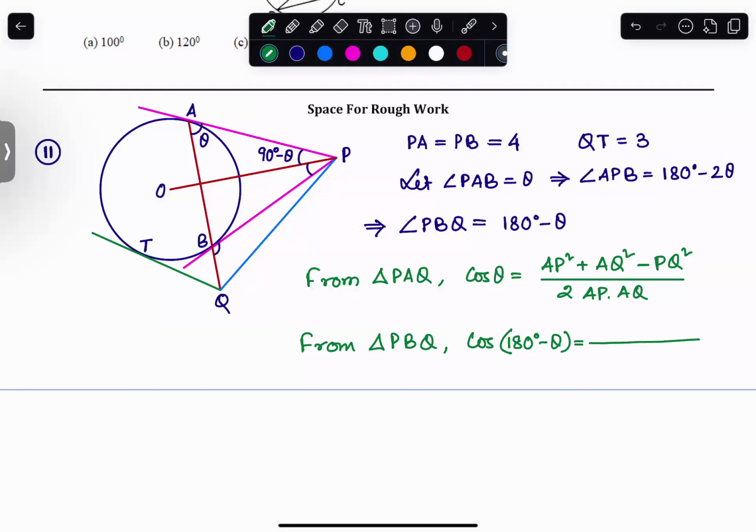That has to be same as PB square plus BQ square minus PQ square by twice PB into BQ.